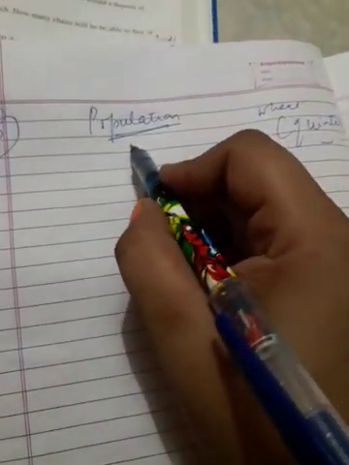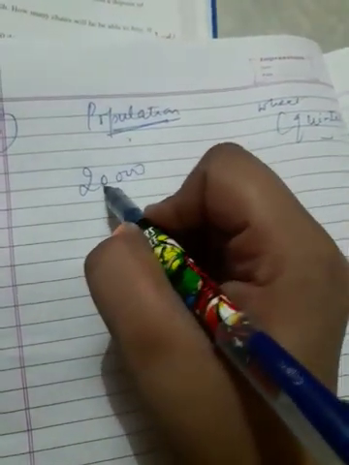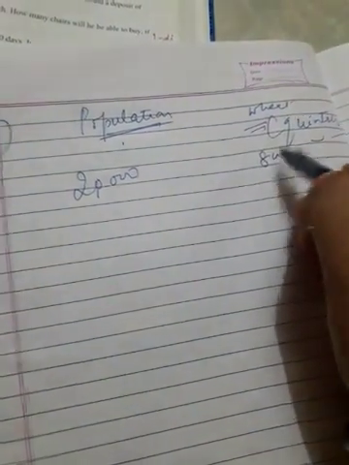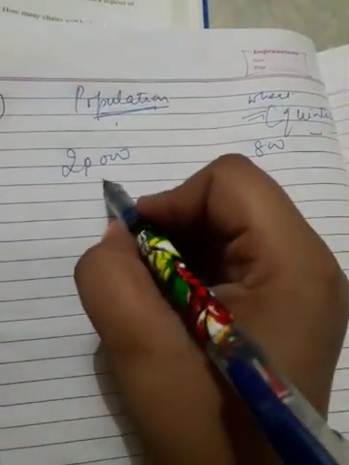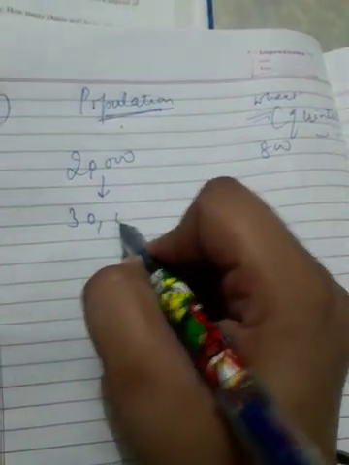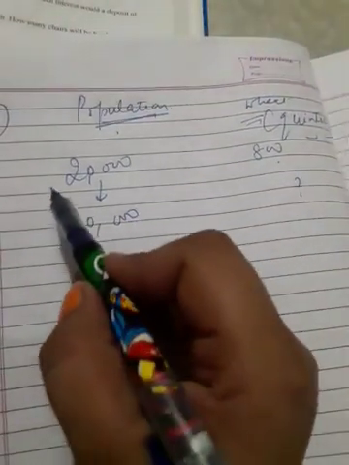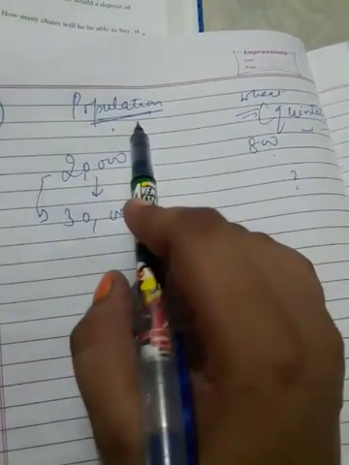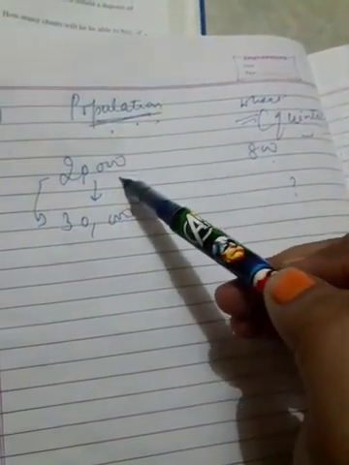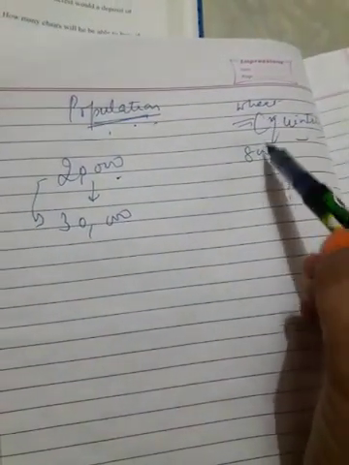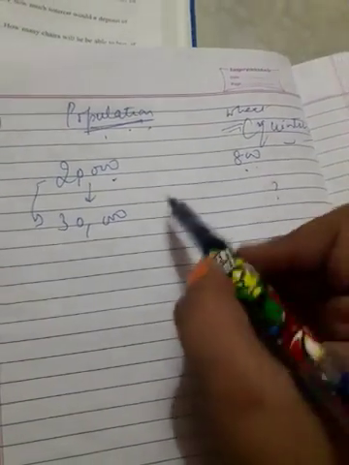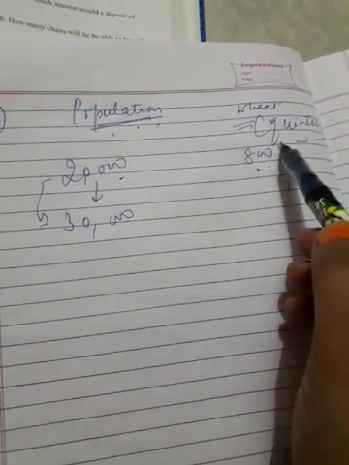When population is 20,000, what about wheat? It is 800.